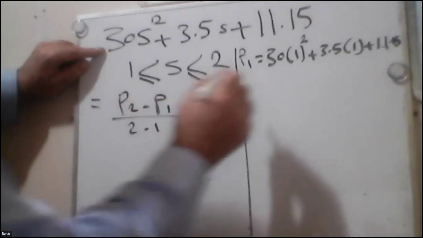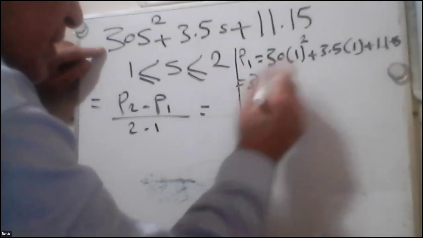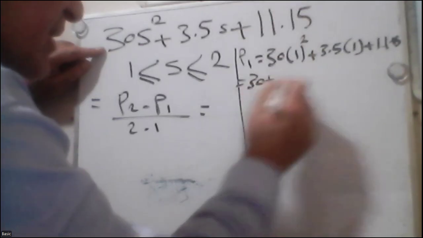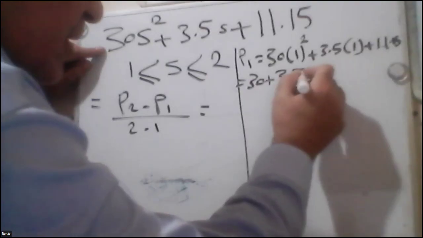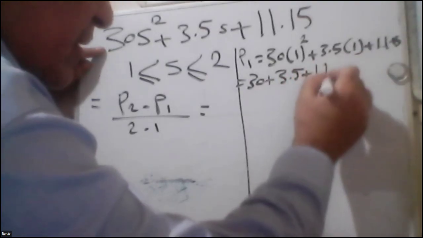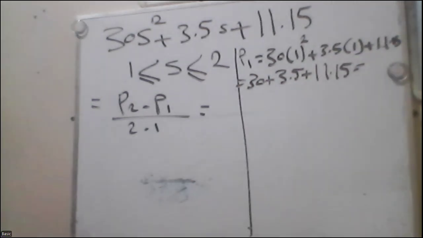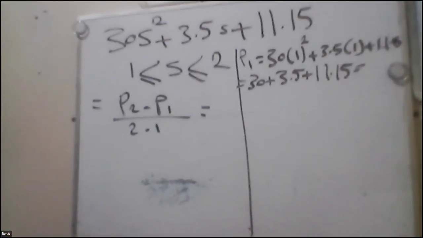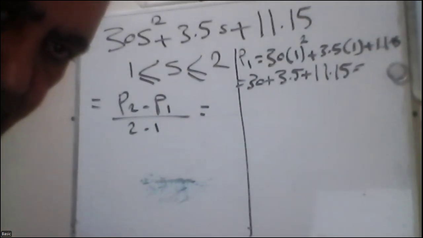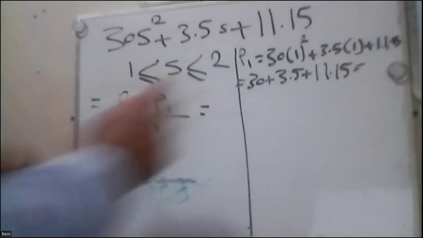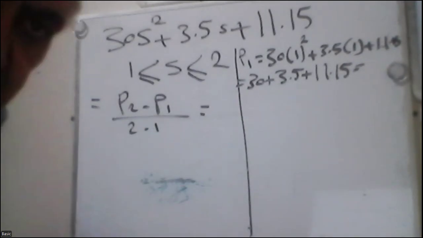So here, when I do it, that will equal 30 multiplied by 1 is 30, plus 3.5 multiplied by 1, plus 11.15. I will add them up with the calculator. They will be 14.35. That will be 14.35. Actually, this is the function.